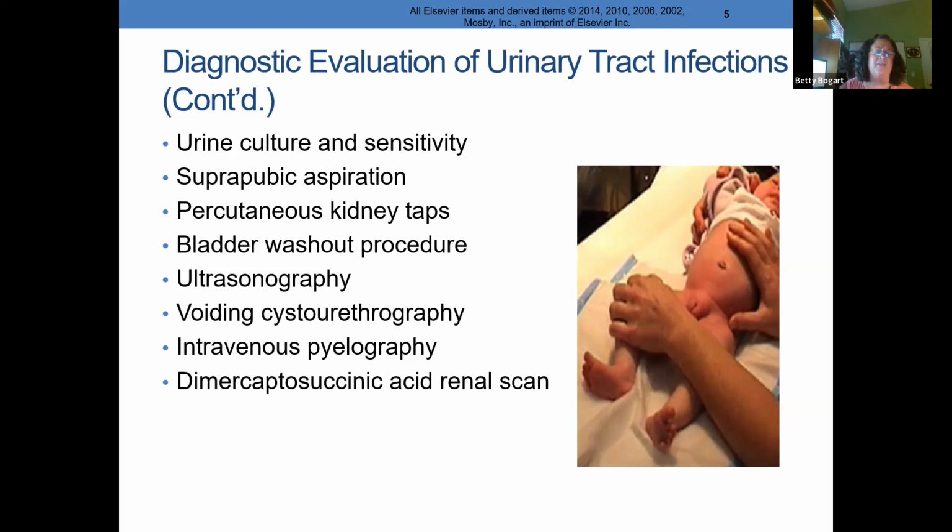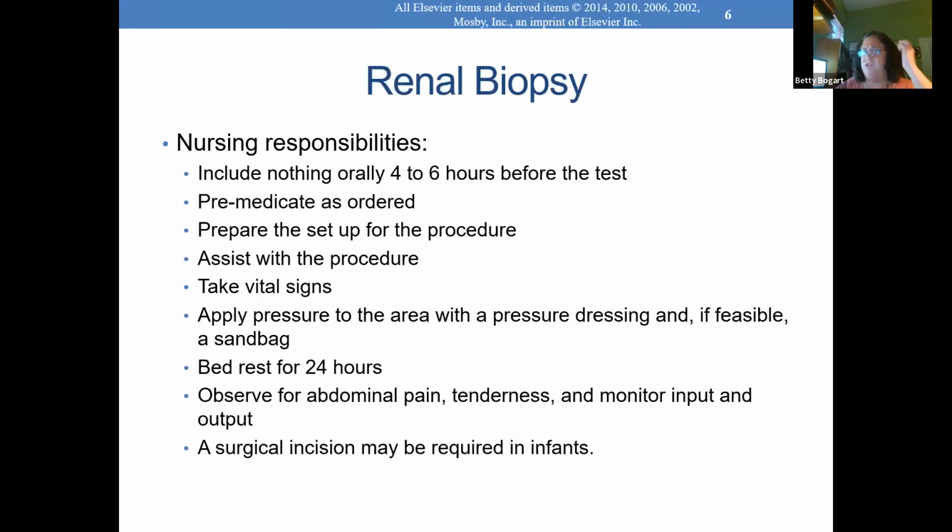It could be a kink in the ureters, could be reflux, where the little valves aren't working and we're going from the bladder or the vesicle up into the ureters. So you have vesicoureteral reflux, and that can go into the kidneys and really cause really bad infections. And then we have the IVPs and whatnot, and they usually are for stones.